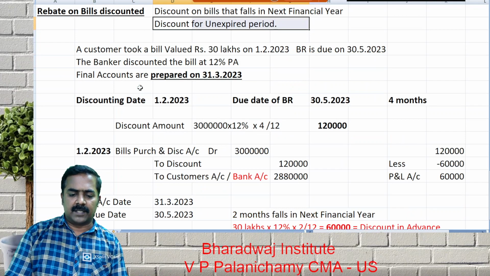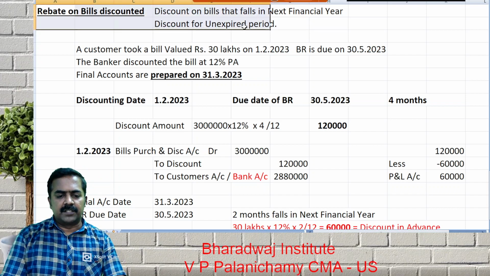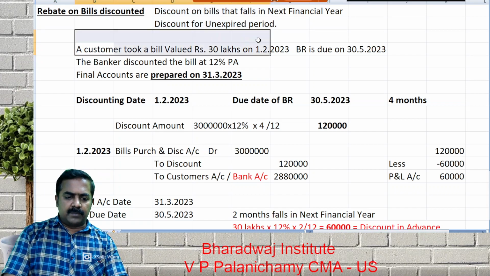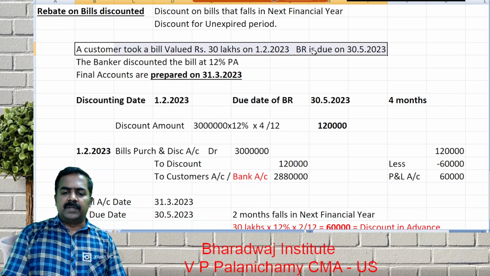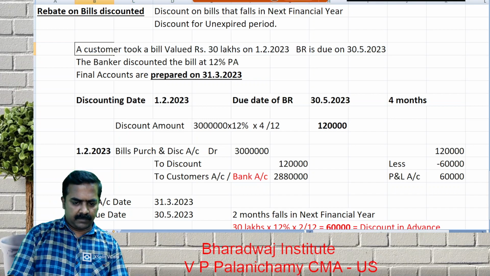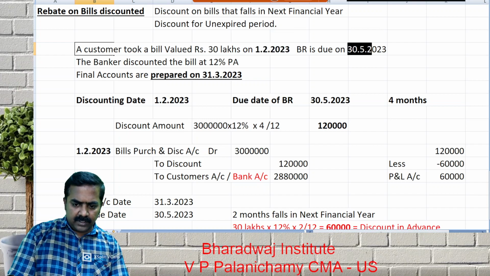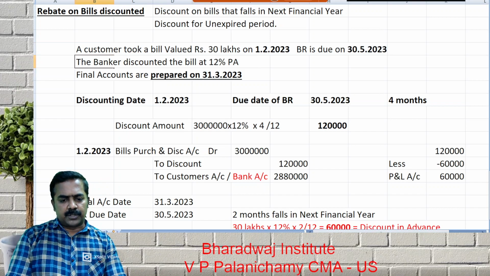Now take up this example. Rebate on bill discounted. A customer took a bill valued 30 lakhs on 1/2/2013. The bill receivable is due on 30/5/2023. This is the bill date, and this is the due date of the bill receivable. The banker discounted the bill.